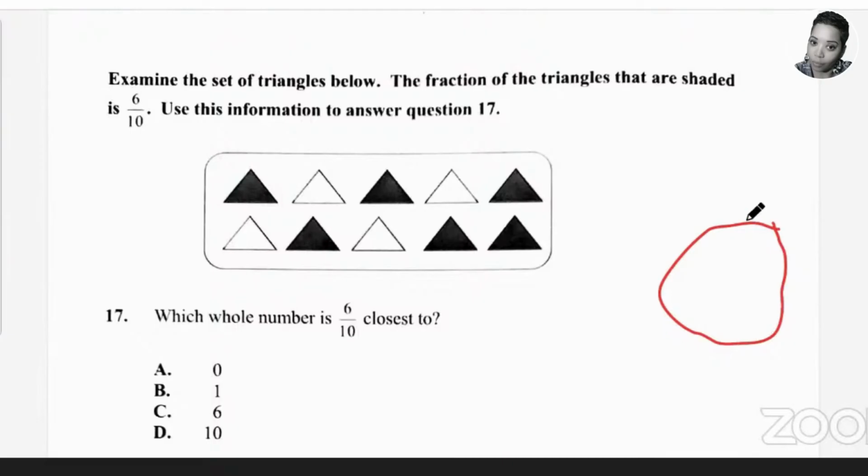It's just 1 cake that was divided into 10 slices. And if you took 6 out of the 10 slices, what portion of the cake would you have taken, right? What's the closest thing? It's closest to 1 cake that you would have eaten, okay? Not 6 cakes, not 10 cakes, okay?